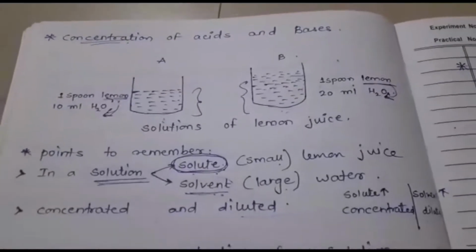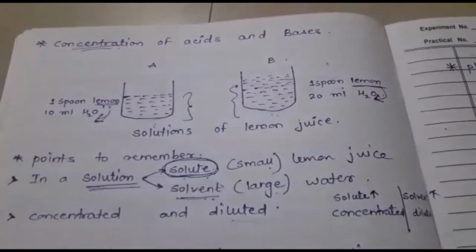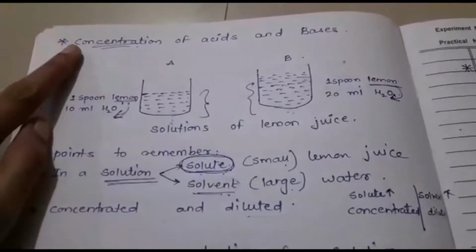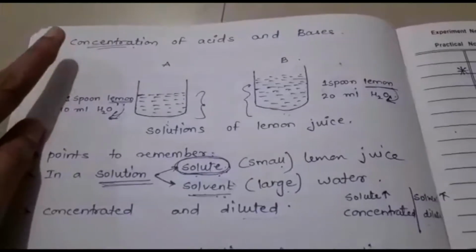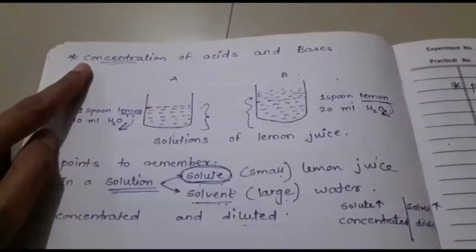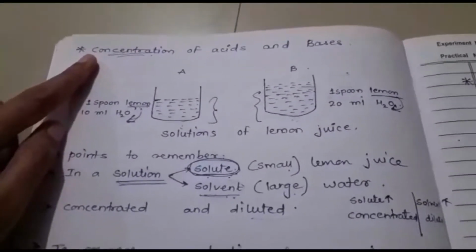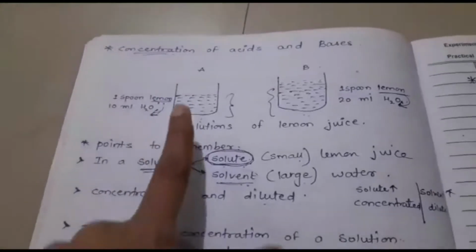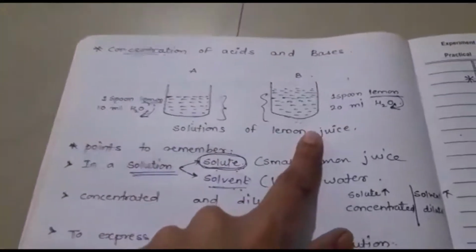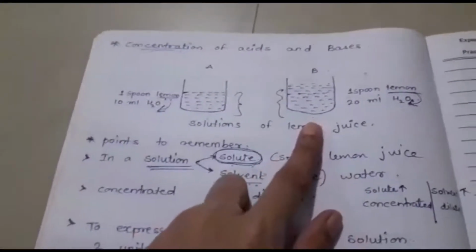Our next topic is concentration of acids and bases. What do you mean by concentration? Concentration means the amount of solute present in a solution. So what is solute and what is solvent? Let us see. I have taken two beakers, both containing water.